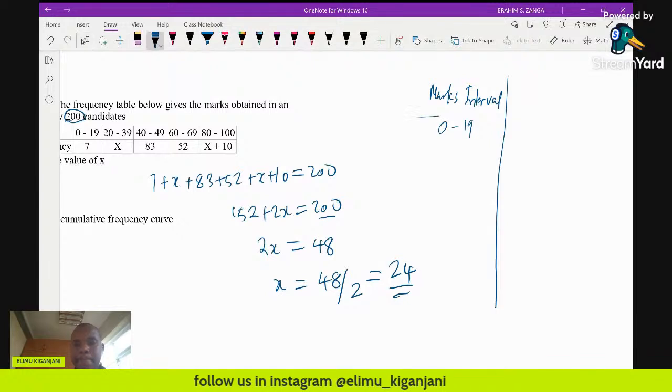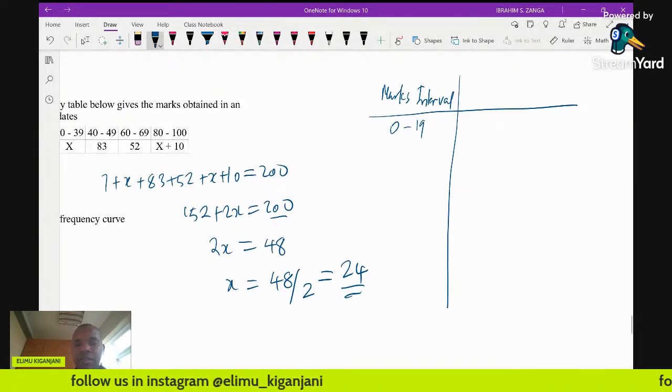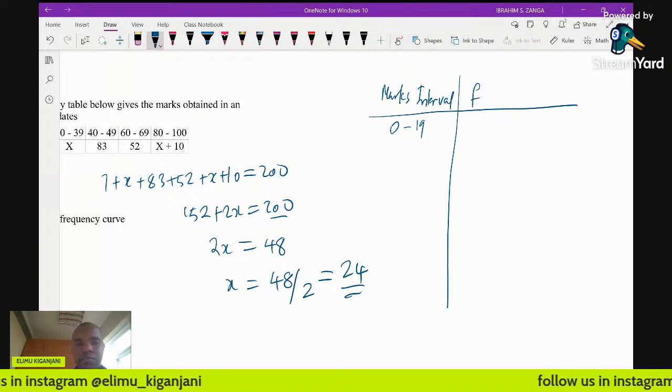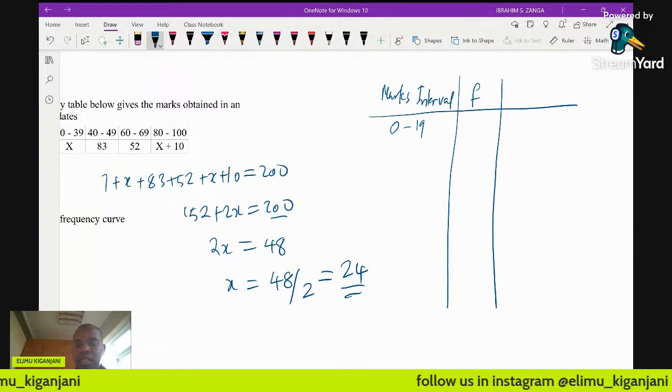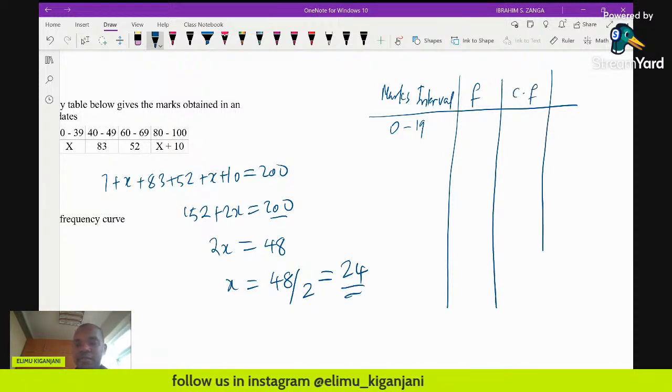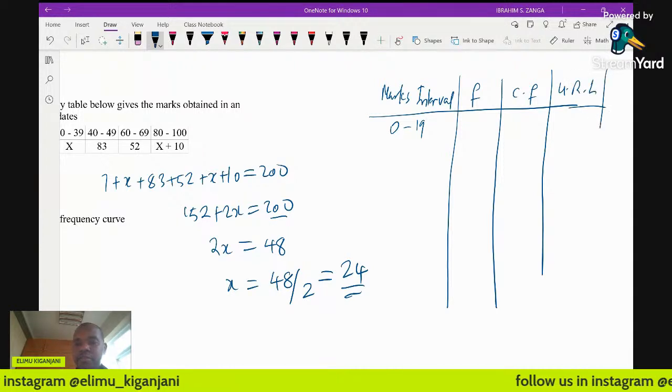Then frequency, then cumulative frequency, upper real limit.